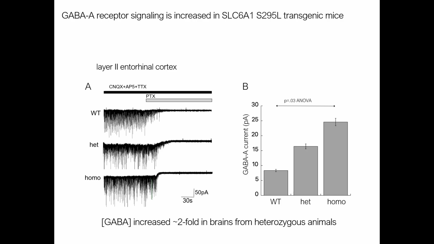And the statistics are shown here. What we can see is that there's a greater standing GABA A receptor current in the heterozygous animals and even greater in the homozygous animals. And we can infer from the change in the amplitude of that standing current that the GABA concentration change in the heterozygous mutant animals is roughly twofold.